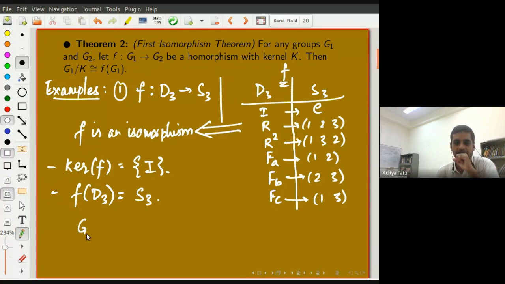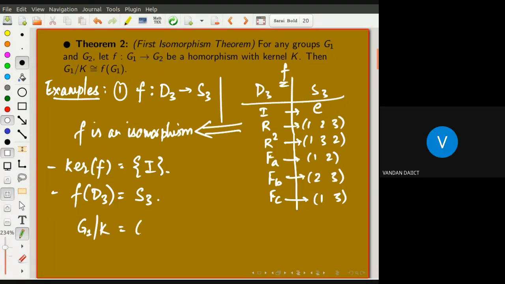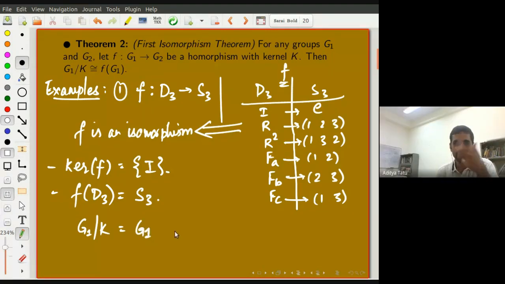Okay, so then what is G1 slash K? It is G1, right? G1 is D3, D3 quotient with just the identity is nothing but D3, isn't it?